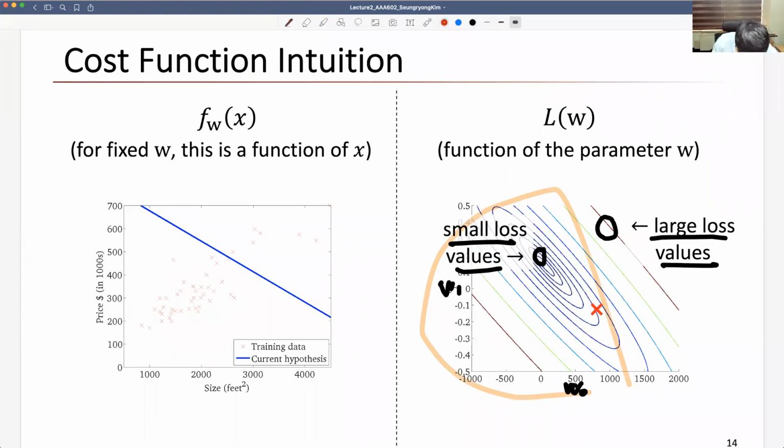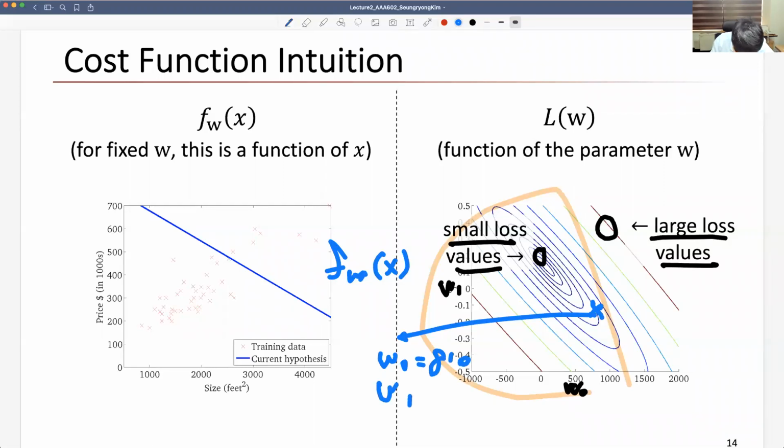First of all, if we just choose one sample here, we determine some mapping function, something like this. So in this example, w0 is going to be 815, and w1 is going to be what? Negative 0.15, right? Something like that.